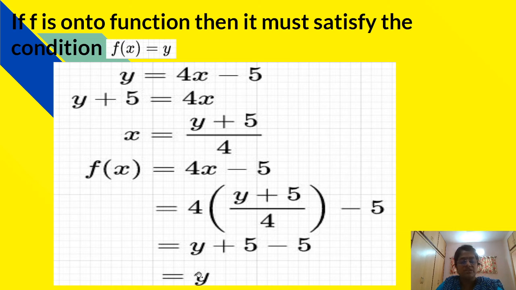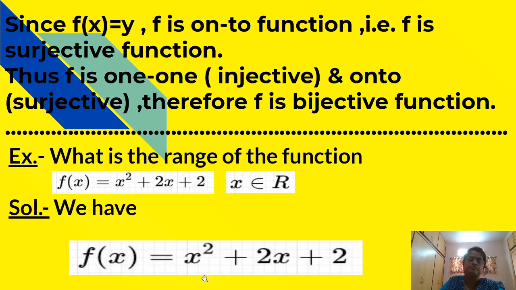That is f(x) = y. Since f(x) = y, f is an onto function, that is, f is a surjective function. Thus f is a one-one function, that is injective, and onto means it is surjective, and therefore f is a bijective function.